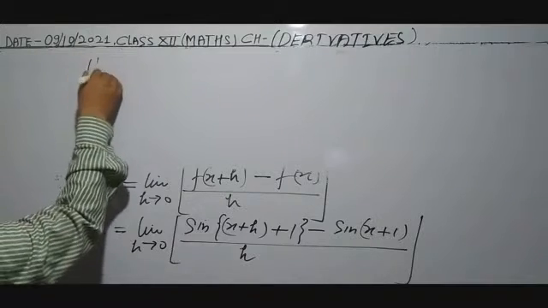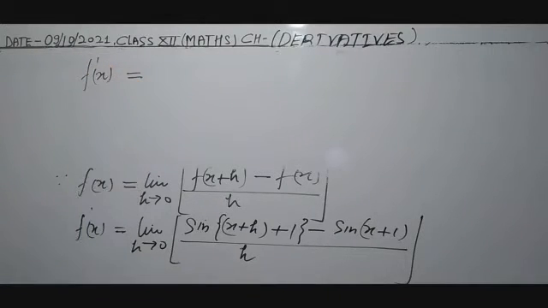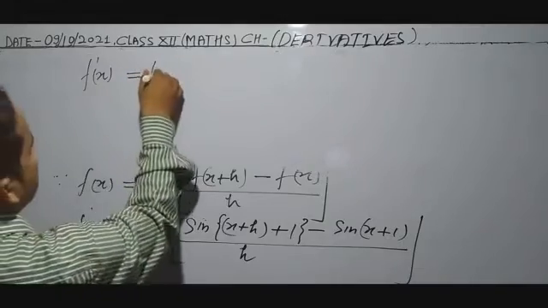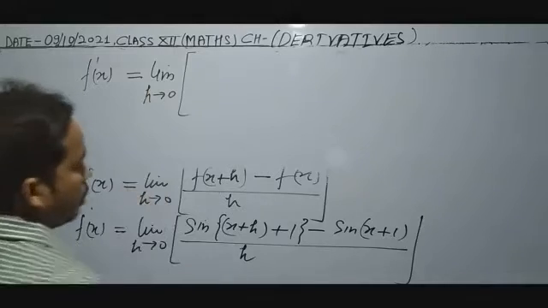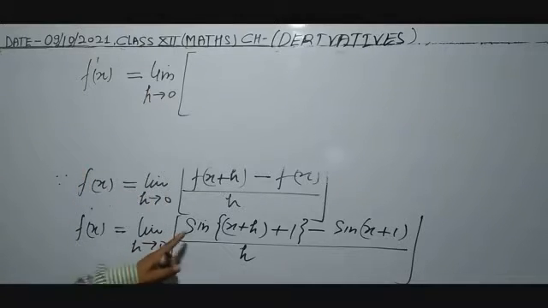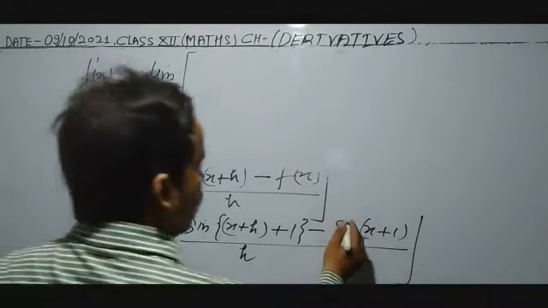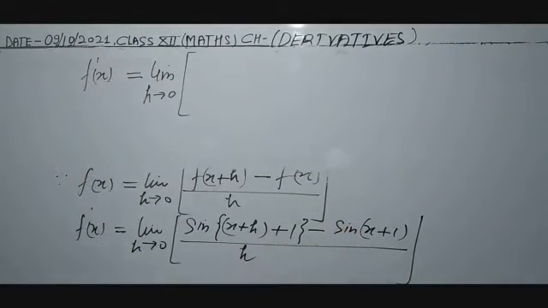Now f dash x we can write as limit h tends to 0, sine of x plus h plus 1 minus sine of x plus 1, whole upon h. Now sin C minus sin D, you have to apply this formula.